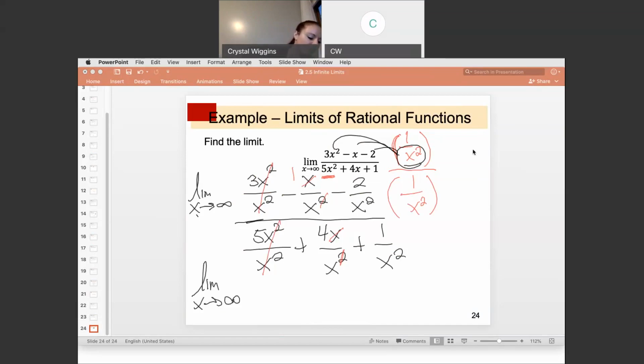So we're left with 3 minus 1 over x minus 2 over x squared. My apologies, this middle term is not x squared, it's just 1 over x. Over 5 plus 4 over x plus 1 over x squared.